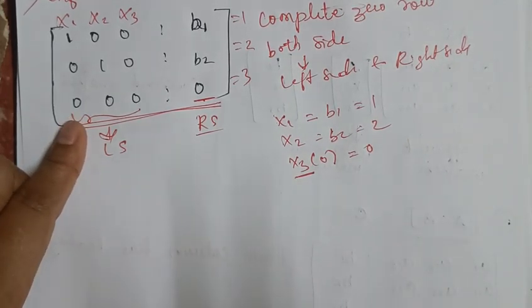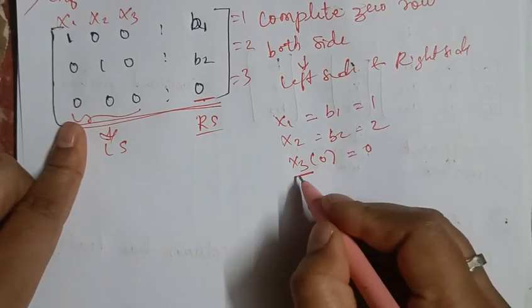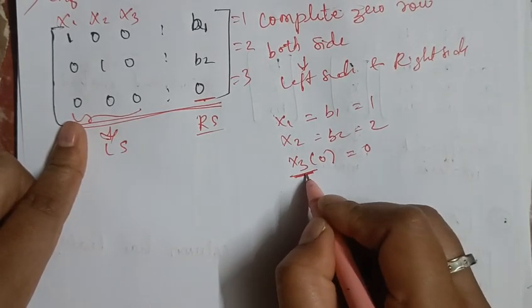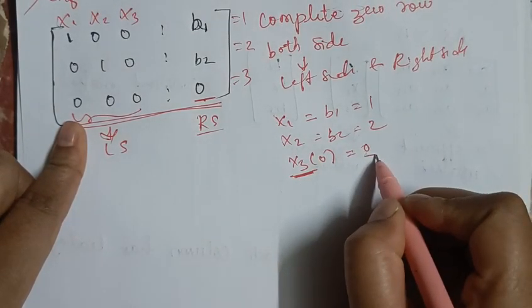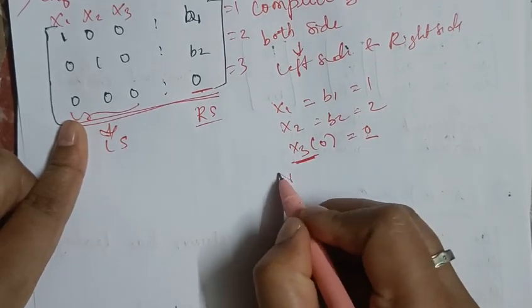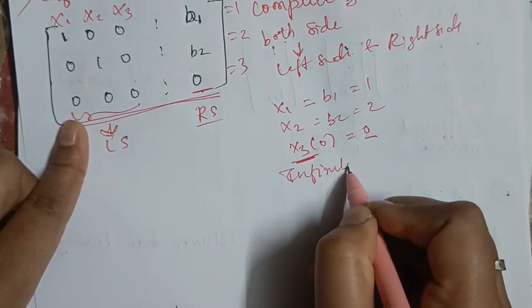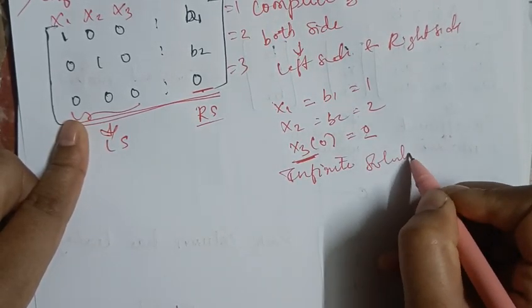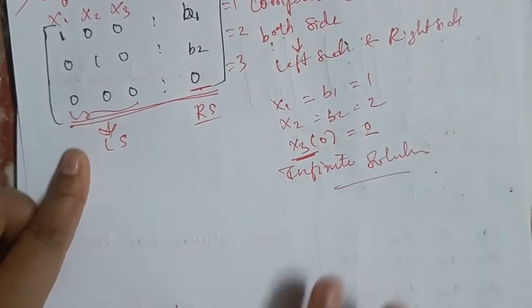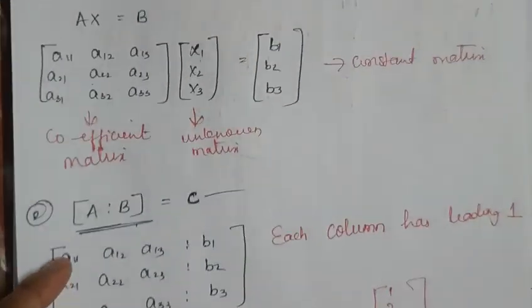Anything at all can give me 0 here. So I can say that I have an infinite number of solutions. I hope this is clear now.